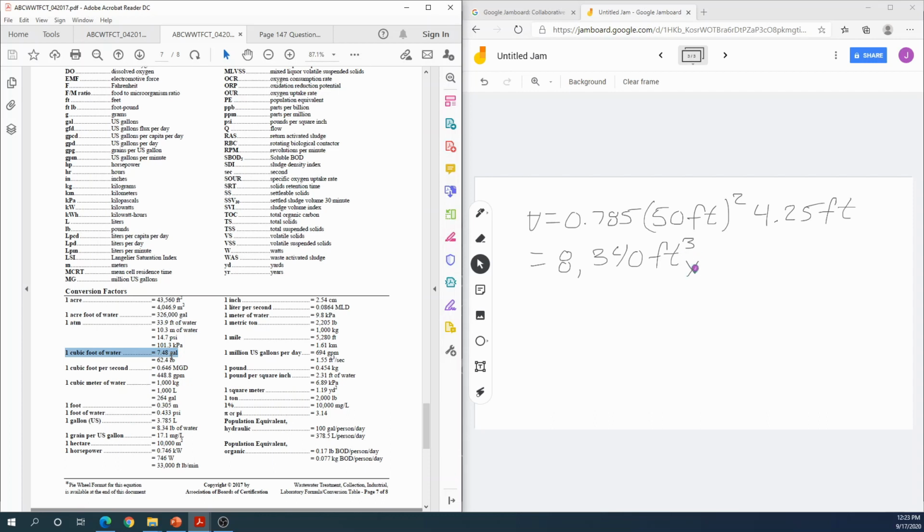So times in 1 cubic foot, we've got 7.48 gallons. Cubic feet cancel cubic feet. And we moved 62,387 gallons of water. Now we know that this happened over the course of 12 hours. So let's divide that by 12 hours.